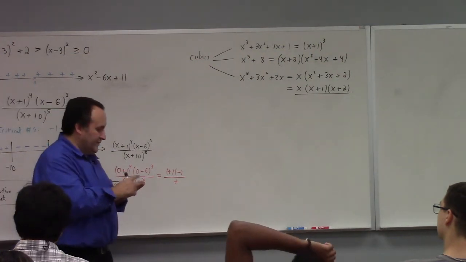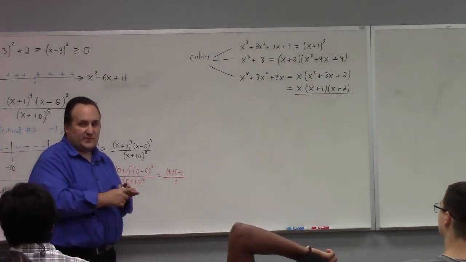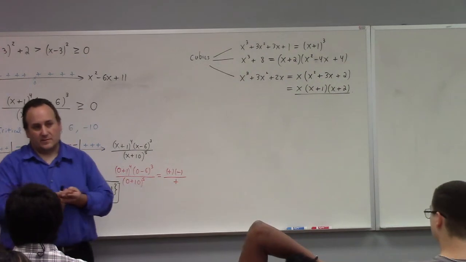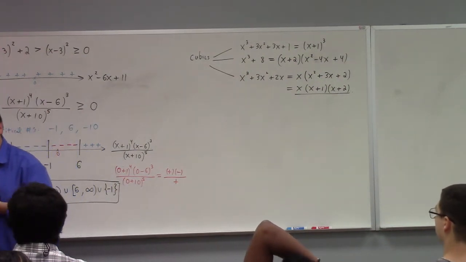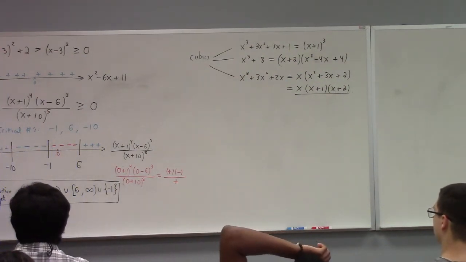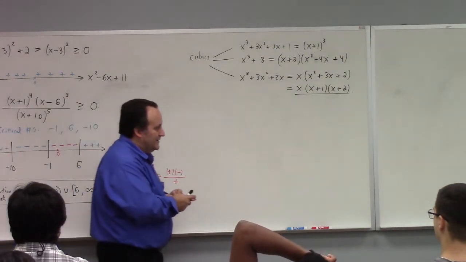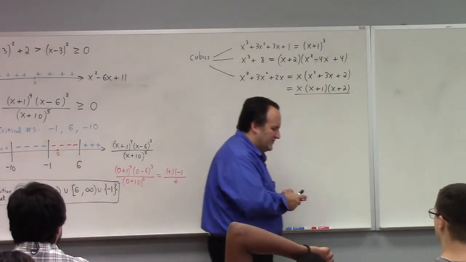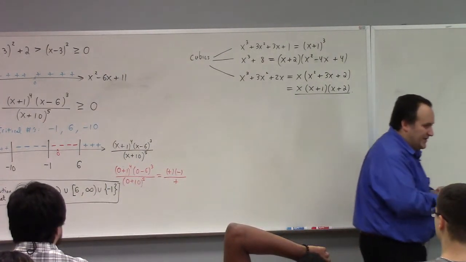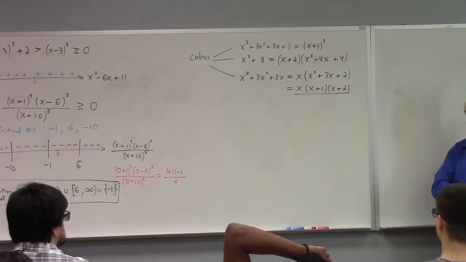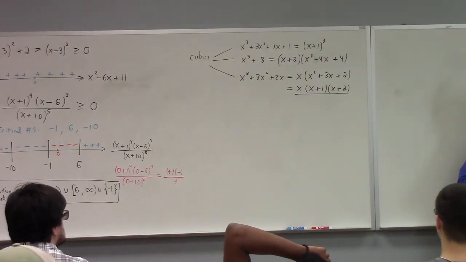There is a formula for a cubic and a formula for a quartic. These have been known since the 1500s, in Europe at least. As far as I know, those cubic and quartic formulas were not discovered by other cultures earlier. The quadratic has been known to a number of cultures, Indian, probably Babylonians even. The quadratic formula has been known since ancient times, but the cubics and quartics were discovered in Europe in the 1500s.